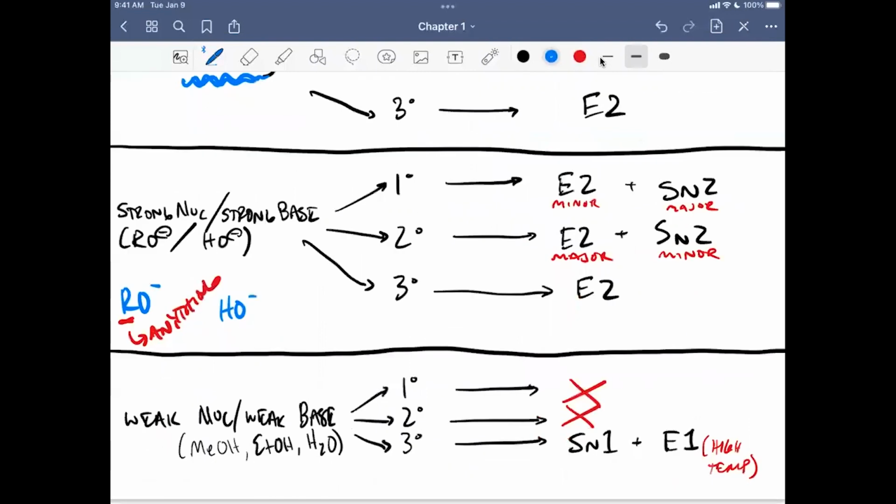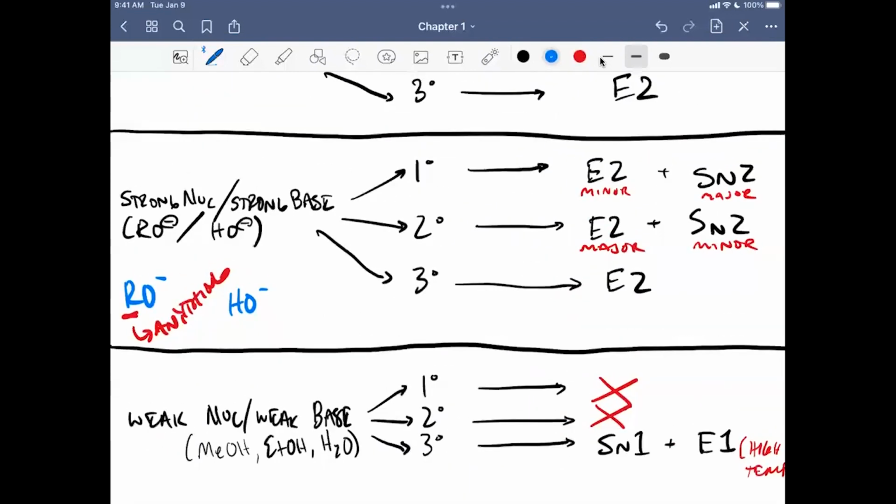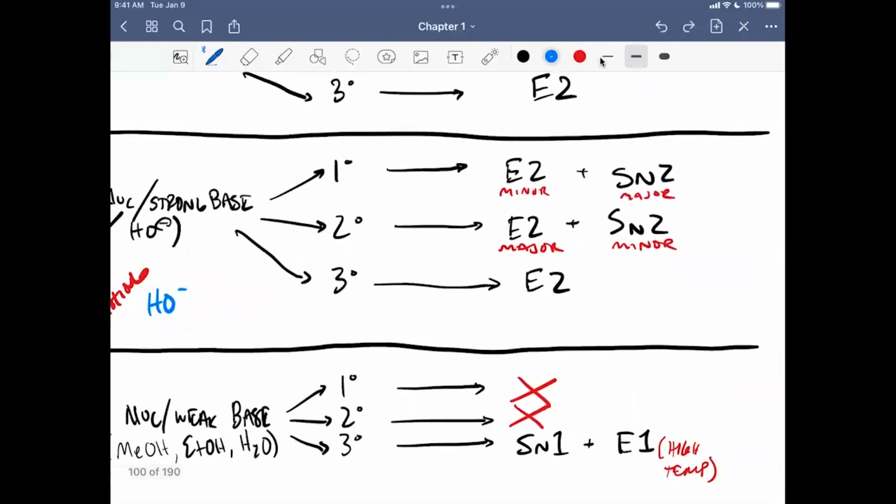And this one, a weak nucleophile, weak base. As we said, instead of something like EtO minus, where that would be a strong base and strong nucleophile, if you add a hydrogen to it and it loses that negative charge, it's only going to work if you have high temperatures and if it's a tertiary carbocation that you're dealing with.